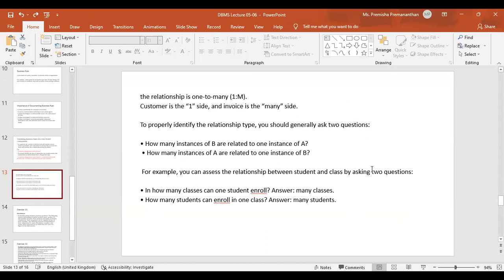When you have to finalize the relationship, you have to think both ways, A to B, and then B to A also you have to consider. Then you can assess the relation.